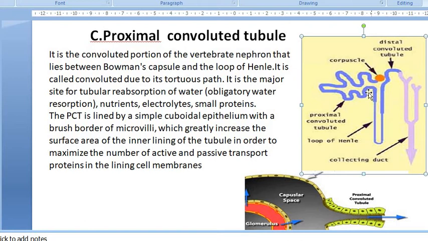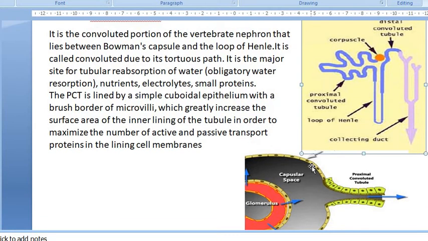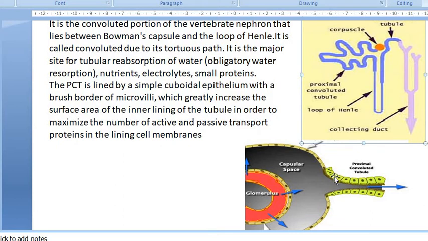The proximal convoluted tubule has simple cuboidal epithelial cells lining the lumen of the PCT, that is proximal convoluted tubule.